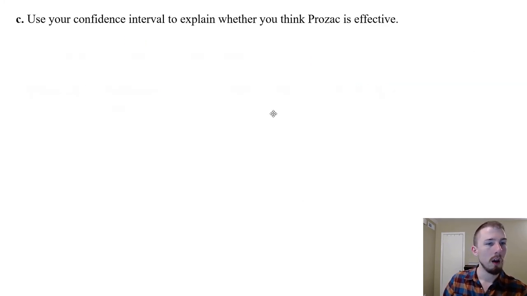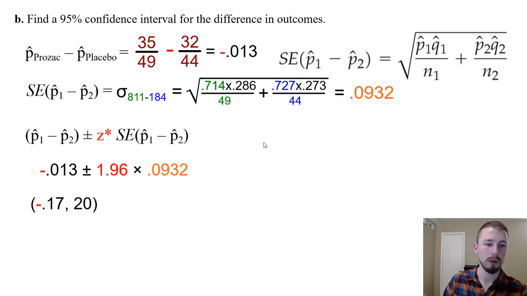Okay. All right, use your confidence interval to explain whether you think Prozac is effective. All right, since zero is contained in our confidence interval, we believe it's possible that there really is no difference between the effectiveness of the active drug in Prozac and the placebo in actually curing anorexia nervosa.